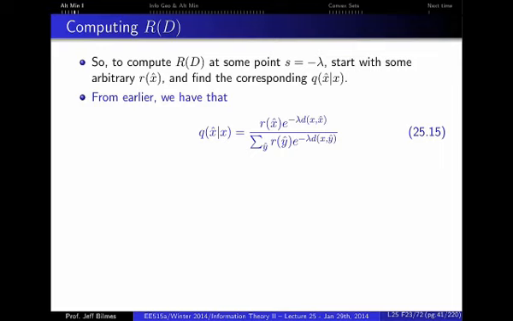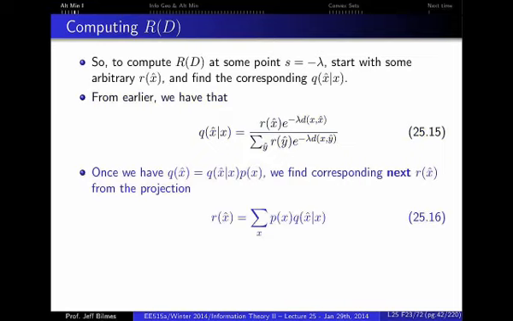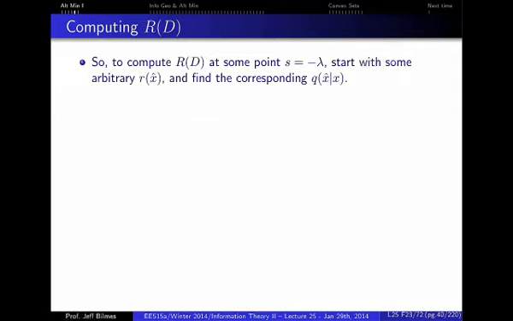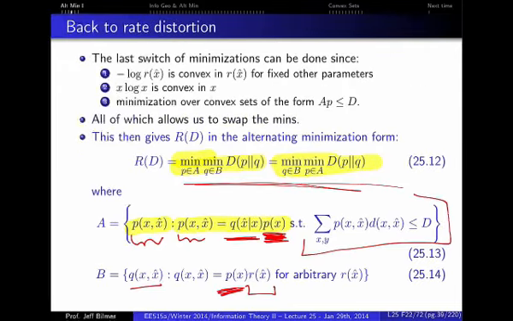But then how do we do that second minimization? Thanks to that projection property, that's a projection from the Kullback-Leibler divergence. How do we do that outer minimization over r of x hat? That's just a marginalization, because we proved that it's a marginalization. In other words, let's go back to that slide.